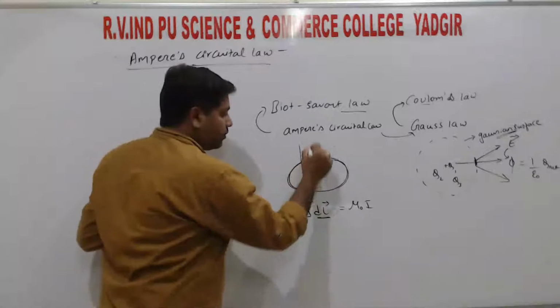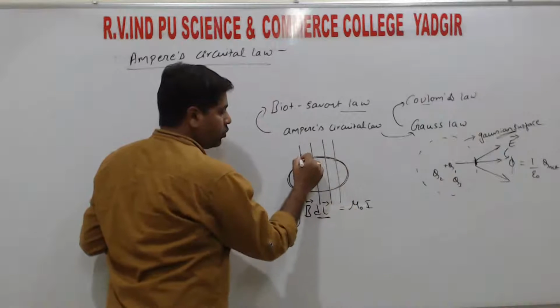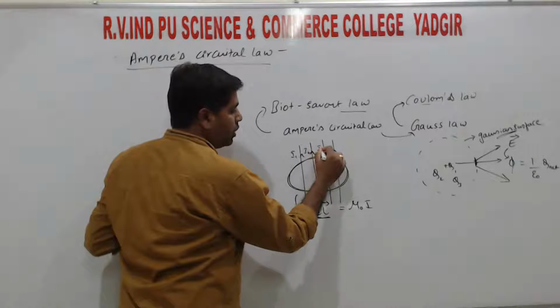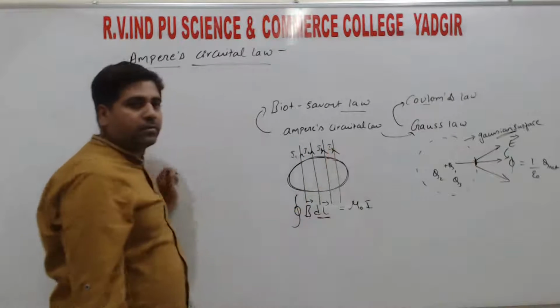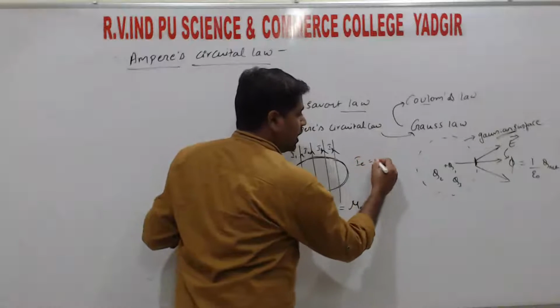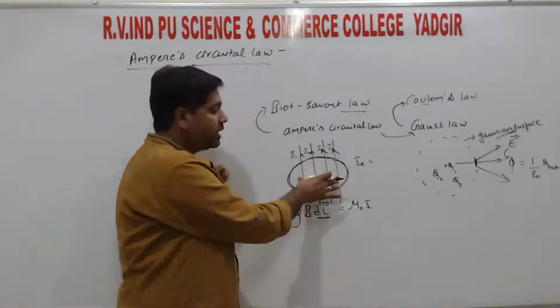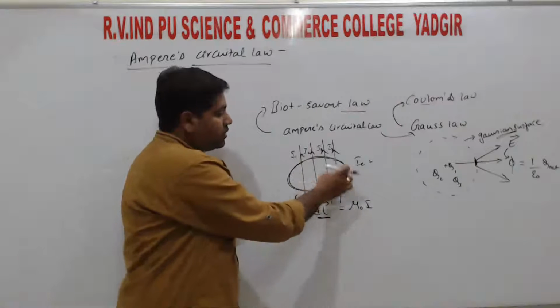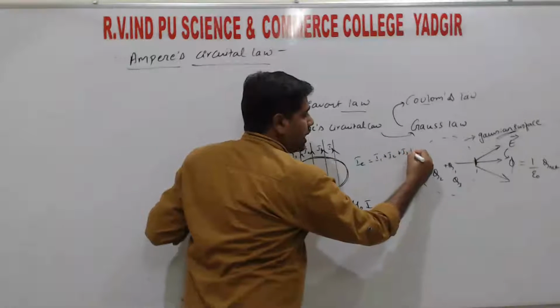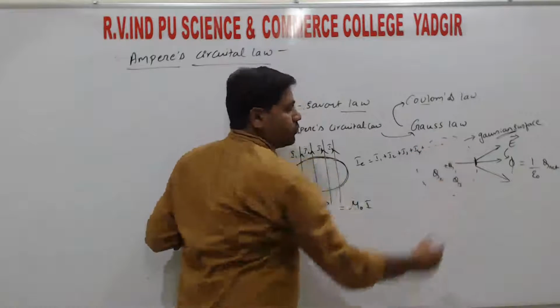Here we may have any number of current elements, I1, I2, I3, I4, or we take this as I enclosed. That is the net current enclosed in this surface, equal to I1 plus I2 plus I3 plus I4 and so on, right?